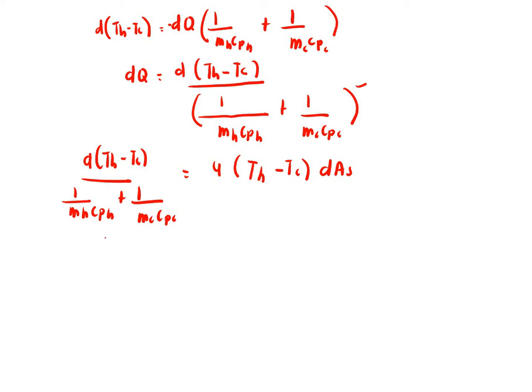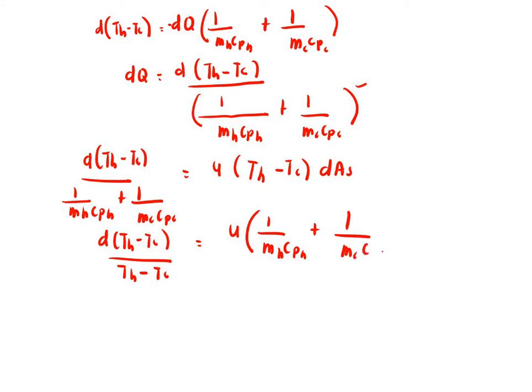So now del TH minus TC over TH minus TC is equal to U times 1 over MH CPH plus 1 over MC CPC del AS. So we integrate both sides, from inlet to outlet.